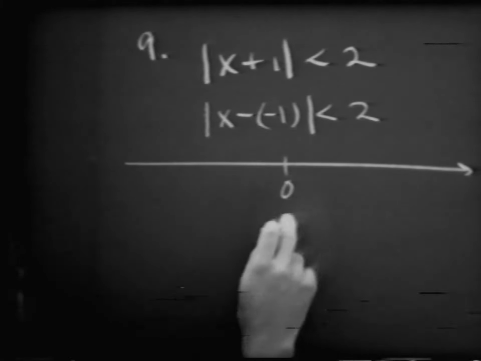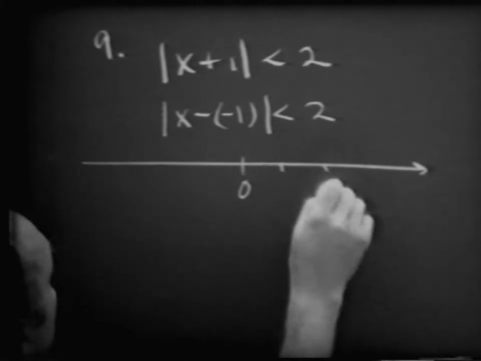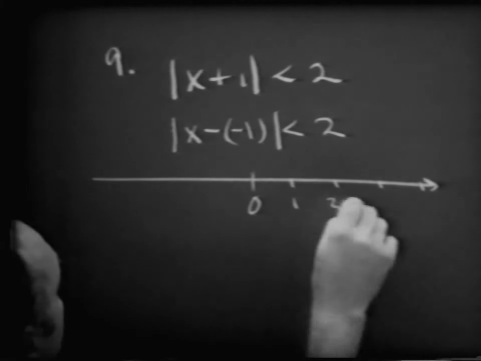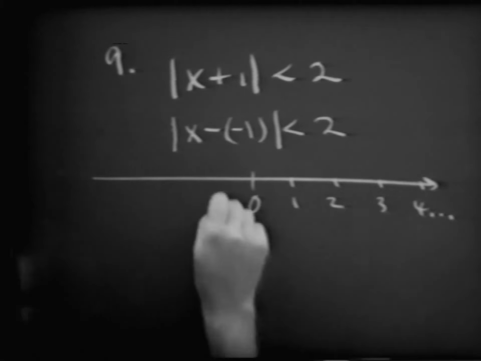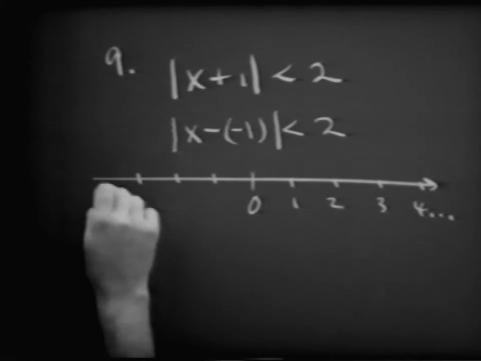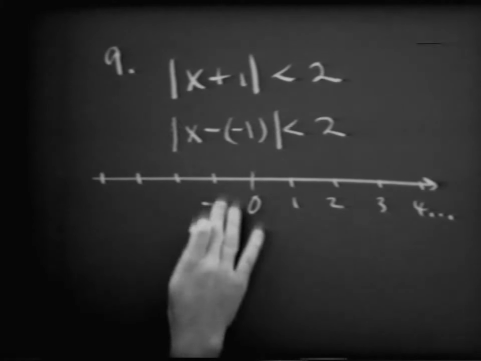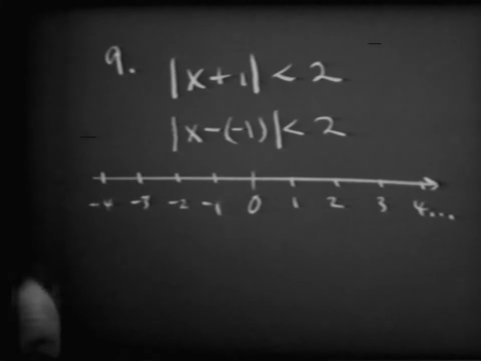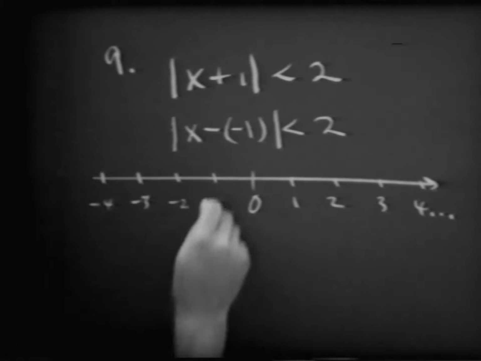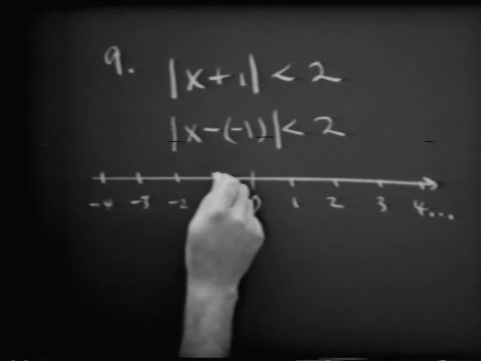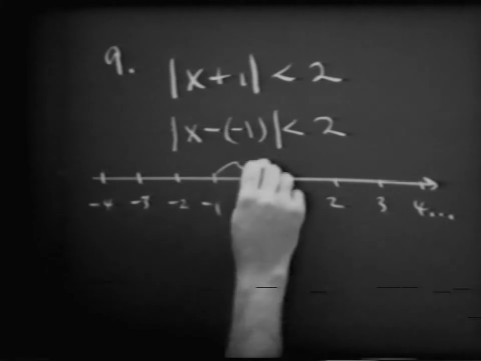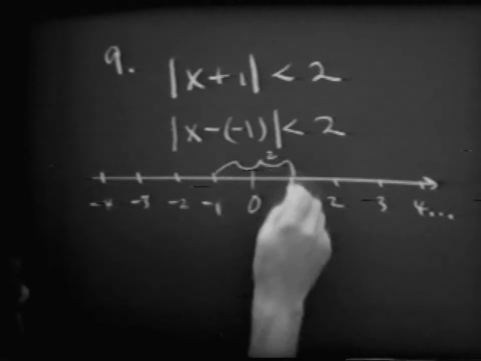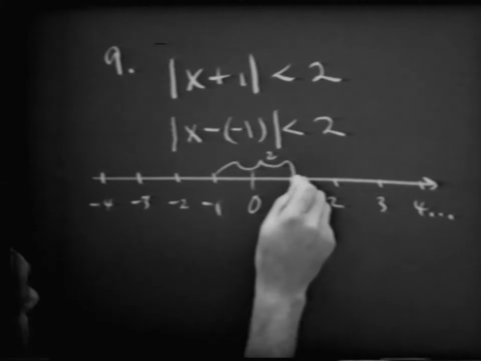Because let's see, here's 0, and we have 1, 2, 3, 4, say to the right on our number line, and negative 1, negative 2, negative 3, negative 4 to the left, and now what's our starting point? Negative 1, and how many units are we going to go away from negative 1? 2 units, and I think that then is going to bring us over to this point, which is what number?